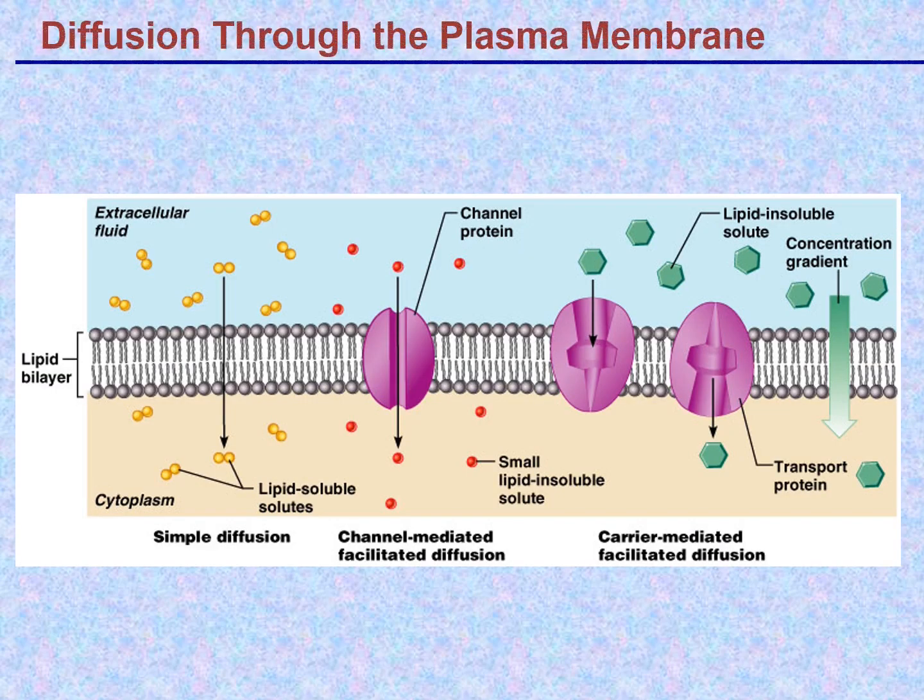And here you see a model showing a phospholipid bilayer across here with the phosphate groups and the inner non-polar region. And these are lipid-soluble molecules in solution here that can move straight across because they are lipid-soluble.